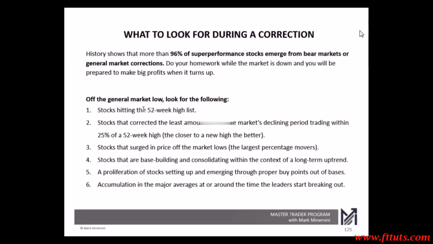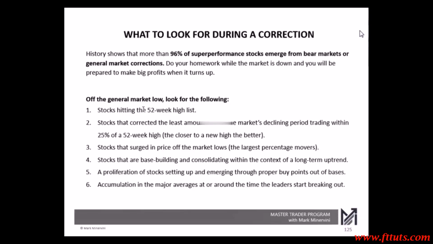Yeah, I love corrections, and history shows that 96% of big moving super performance stocks emerge from bear markets and general market corrections. So you embrace corrections, and that's where you want to prepare and get ready to spot those next big moving stocks.